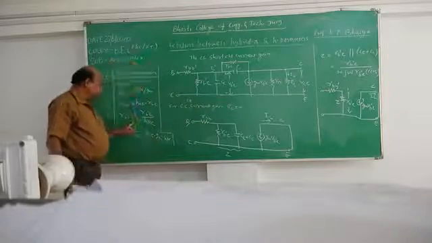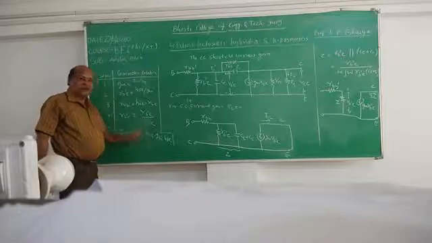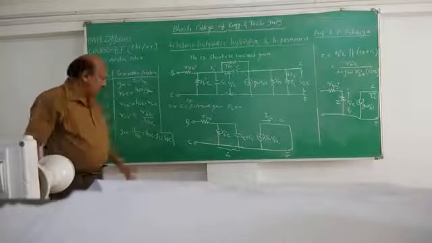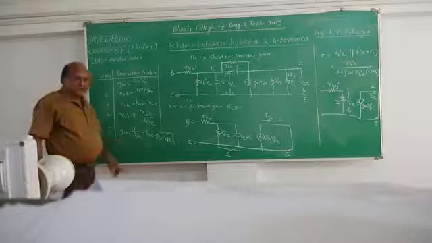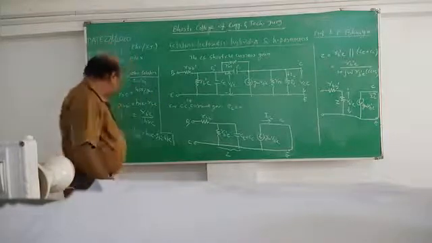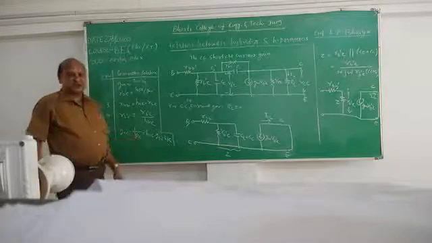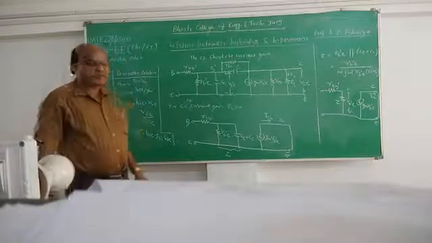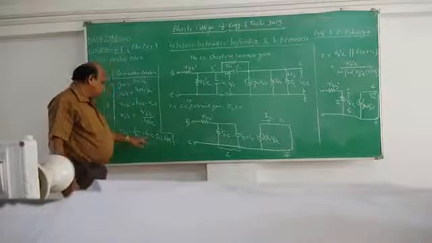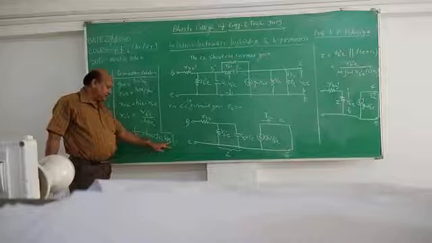But before this, these relations are important. Rb'c is equal to Rb'e upon hre. And then gce is the conductance between collector and emitter, which is given by 1 upon rce. rce is the resistance between collector and emitter, which is equal to hoe minus gb'c into hfe.